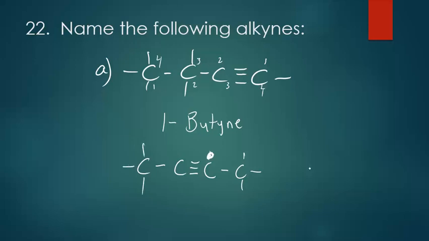What would this be called? 2-butyne. Is there another isomer? Can you have a 3-butyne? Why not, Kelsey? Yeah, because that would be the same as a 1-butyne. And you have to go in the direction that gives you the smallest number.